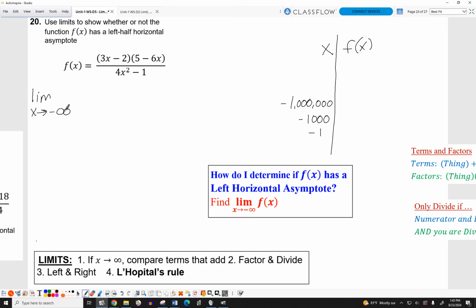There is no left or right. It's different. It's still a limit, but there's no left, right. x is just going to become more and more negative. So we don't have to find the right side, and there really is no left side. Like in the previous limit, we had x approaching, say, 0.